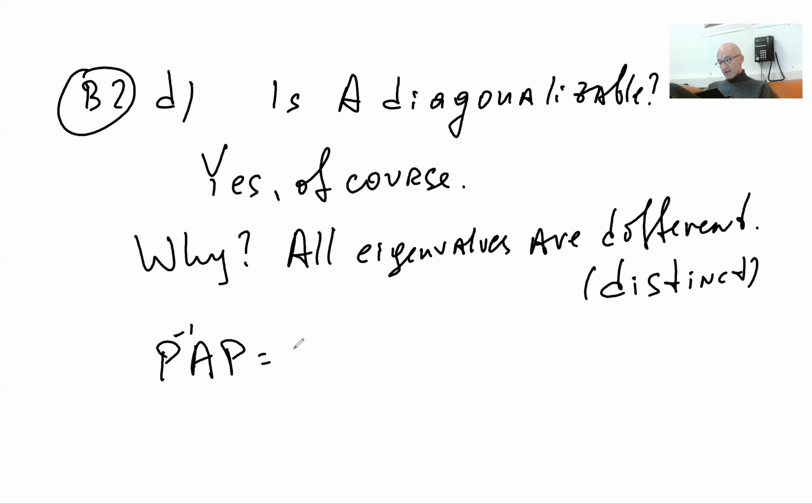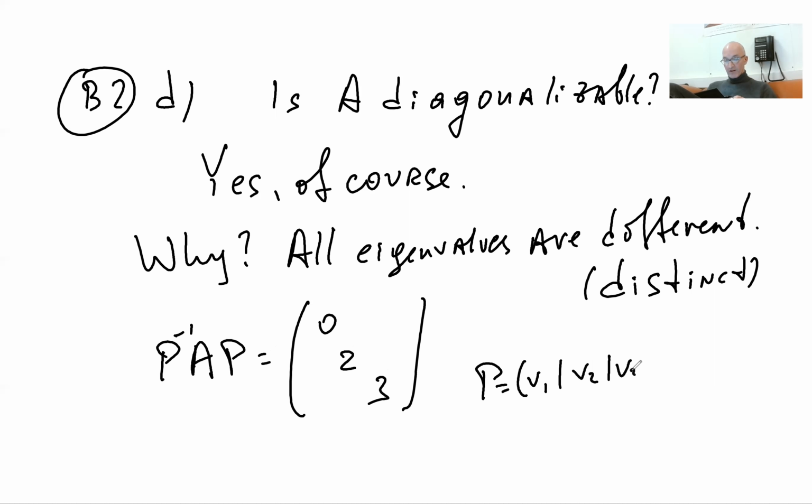Then we are asked to find an invertible matrix P such that P inverse AP is diagonal. We know it should be a diagonal matrix whose diagonal entries are the eigenvalues, so it's going to be 0, 2, 3 in this case, and P is a matrix consisting of our eigenvectors v1, v2, v3.